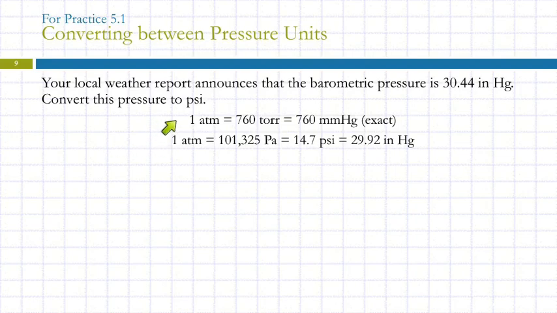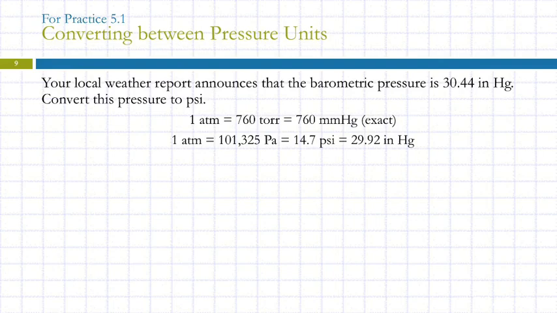So you should learn this top row because we're going to use it a lot and it'll save you a lot of time. The bottom row, you might need to refer to it, but if you needed those on an exam, I'd give them to you. I don't expect you to remember all of those. This would allow us to convert directly from pascals to inches of mercury, or from psi to torr. These are all equal to each other, so you don't have to go through multiple steps.